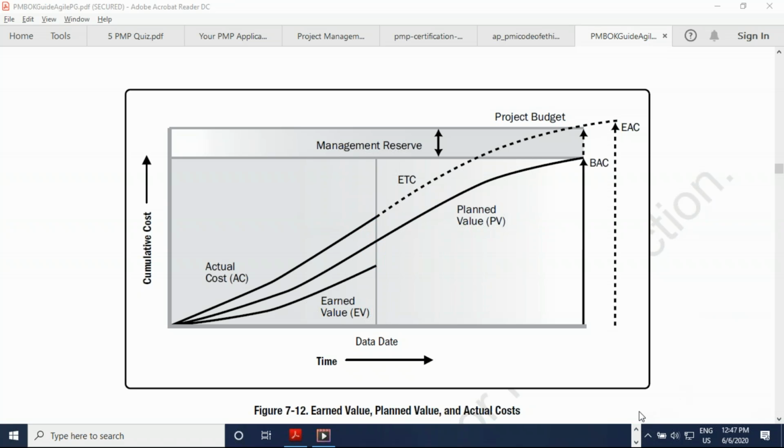So learn to interpret these graphs, learn to calculate the various forecasts like the EAC and the ETC and the TCPI, and you will be in good shape for the exam. With that, we are done with the chapter, and let's practice some questions on cost management.